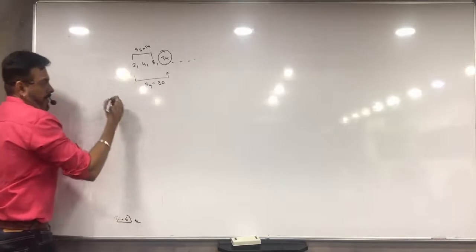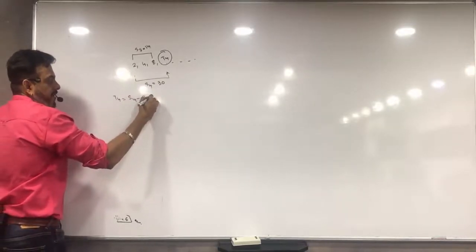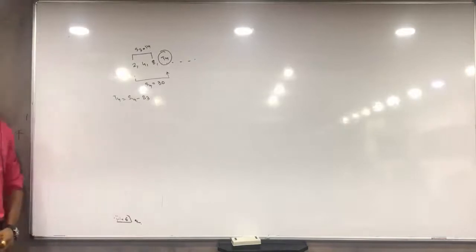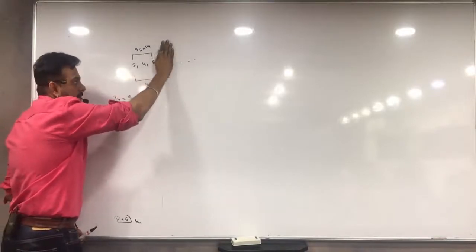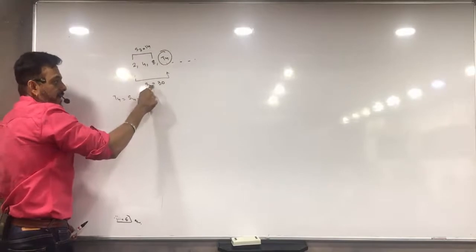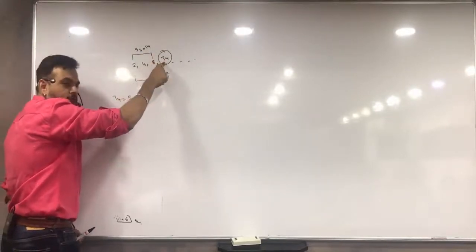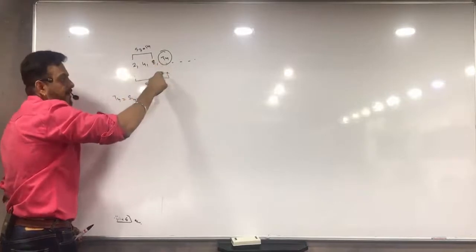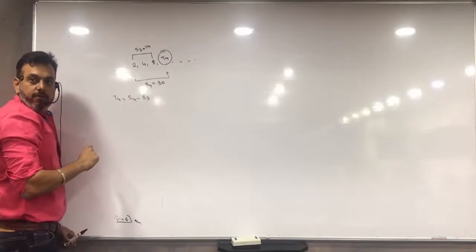So can I say T4 is equal to S4 minus S3? All of you understood this? We already know that it is 16. Okay, but say for example this series was not given, only S4 is given, S3 is given. Can you find out T4? How will you find it? S4 minus S3. Understood this?